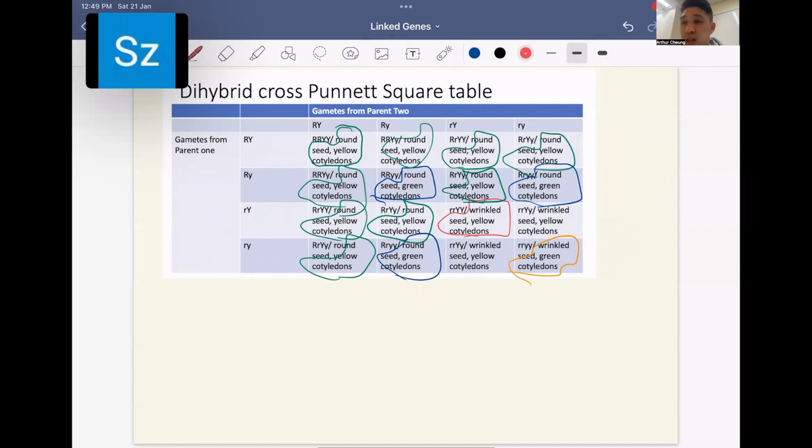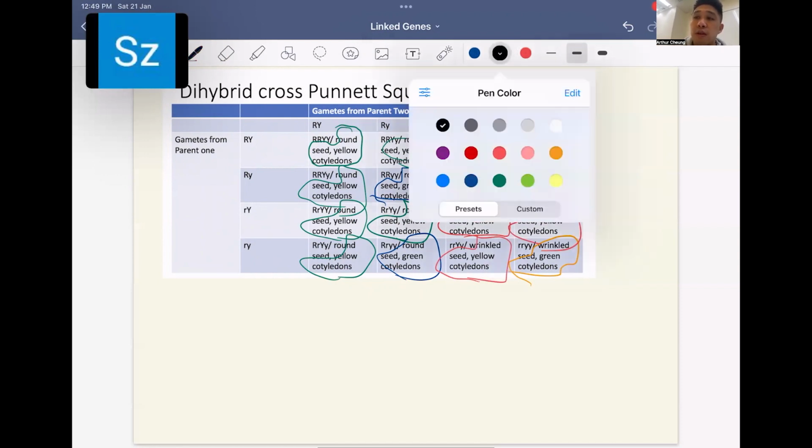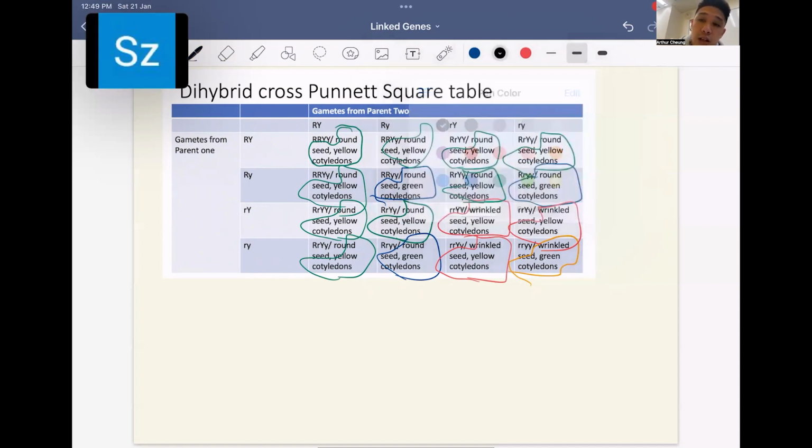For the wrinkled seed yellow cotyledons, there are 1, 2, 3 also. So we can come up with a ratio of 9 to 3 to 3 to 1. And we call it the Mendelian ratio, as this is backed up by Mendel's law of independent assortment.